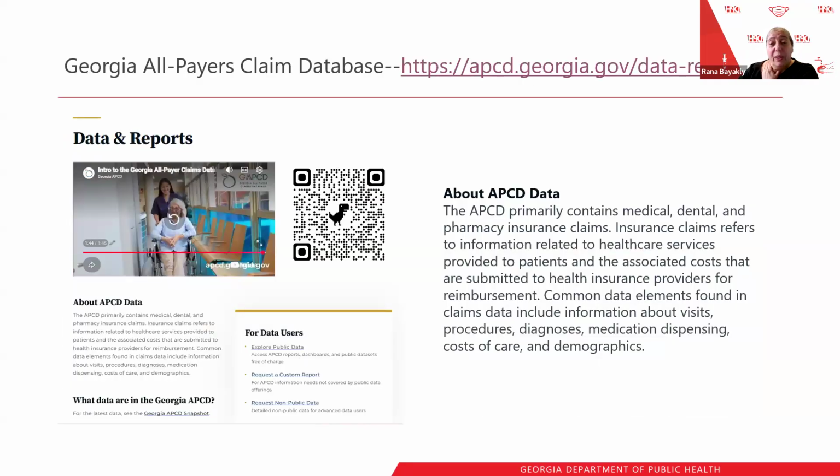This is another new database that we have, called All Payers Claim Data. It is part of the Georgia GTA. When you go on the website, you would have a video explaining what all payers is. Technically, it is data coming from Medicaid, Medicare, and private insurances.